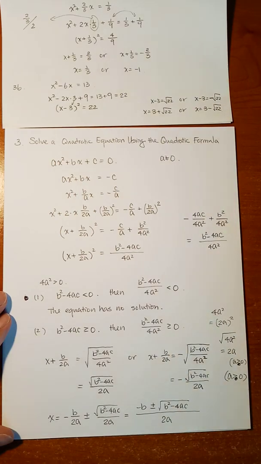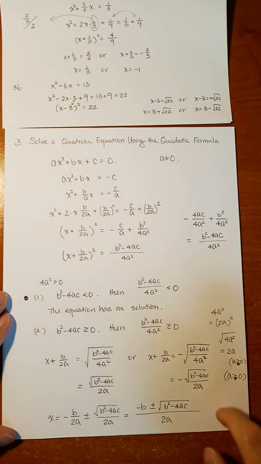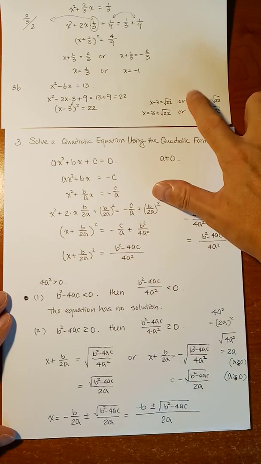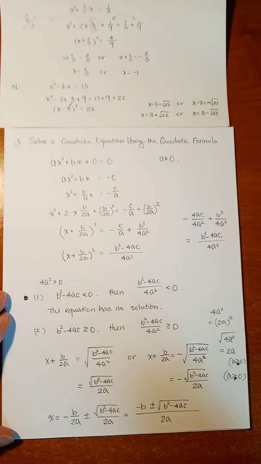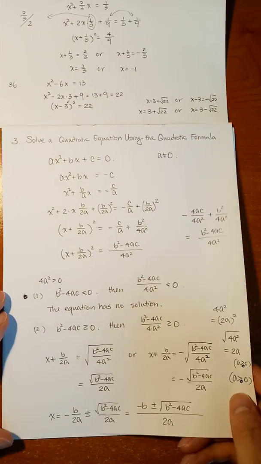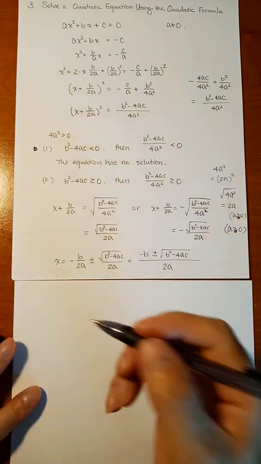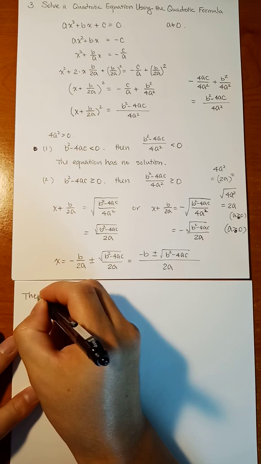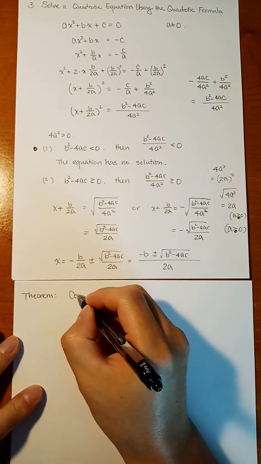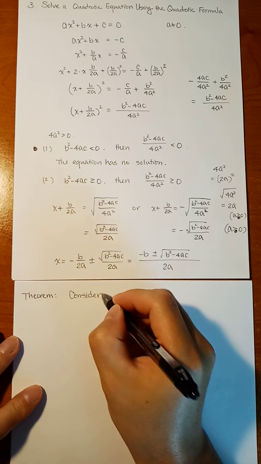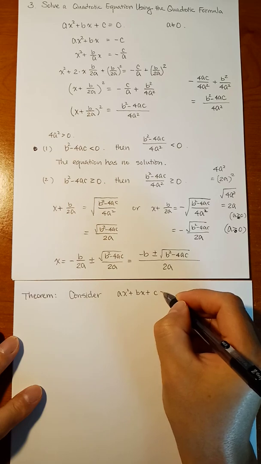Okay? So the whole process is like this. This is exactly the repeat of the concrete example, but we just use letters to represent. Okay, so again, let me officially introduce this. Consider ax squared plus bx plus c equal to 0.